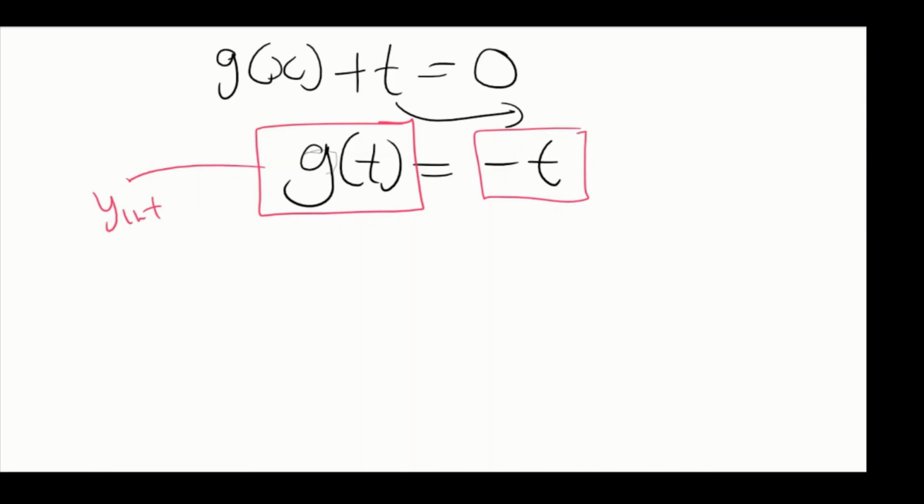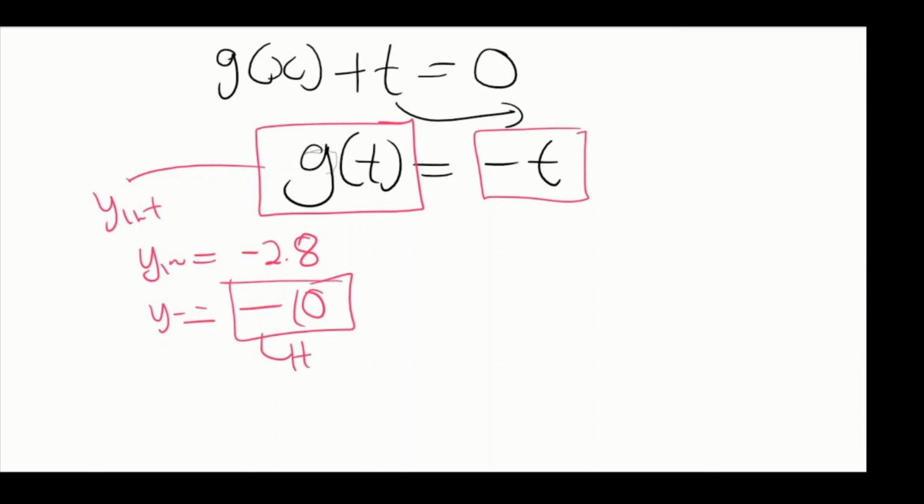If you recall the y-intercepts of previous questions, we had a y-intercept which is equal to -2.8, and another y-value which is equal to -10, which was actually the horizontal asymptote. So we're having these two y values here, which are actually equal to -t.